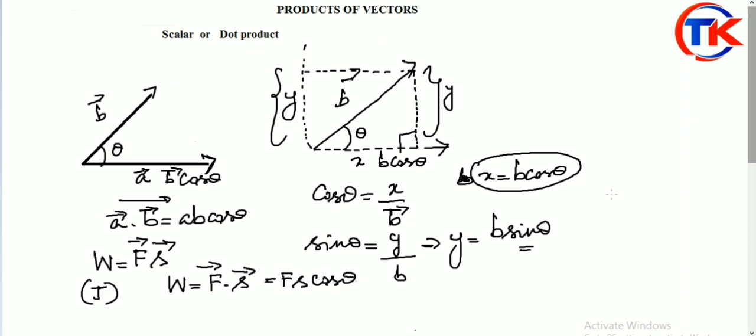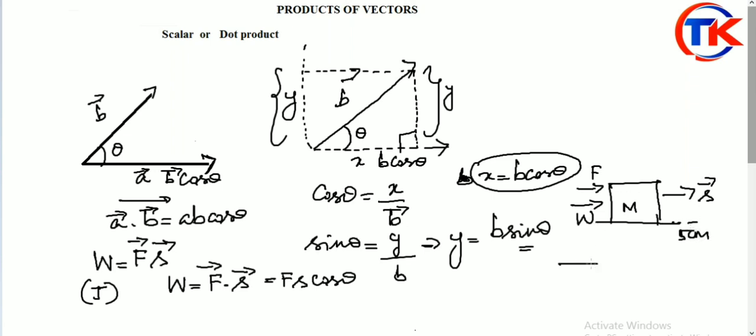Clear? Again the same example which you have seen already, I am going to explain this work also. The person is going to do some work here. He is going to move this block. So he applied some force on this block, and the block will move in the same direction. That is, it gets displaced, say some 5 centimeters, right?